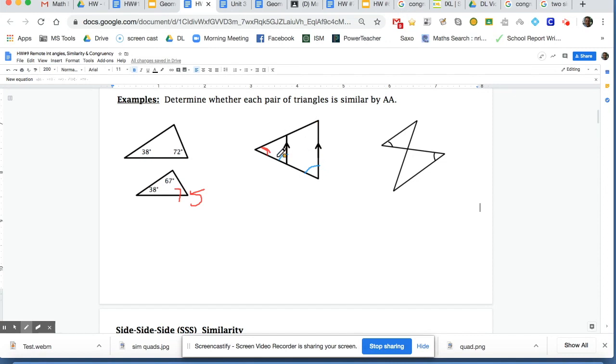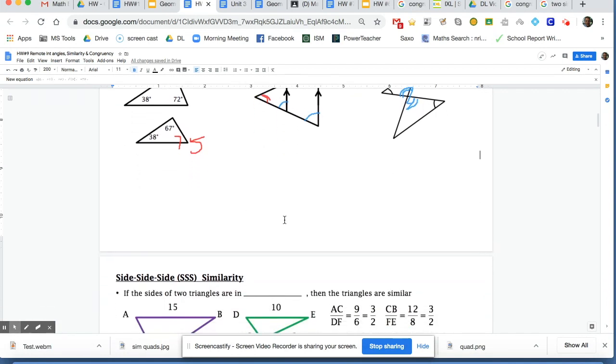And so by the angle-angle postulate, we know that those are similar. Another example here, if we put this angle here, we know these are vertical angles. And so now we have angle-angle, and we can see that those are similar.